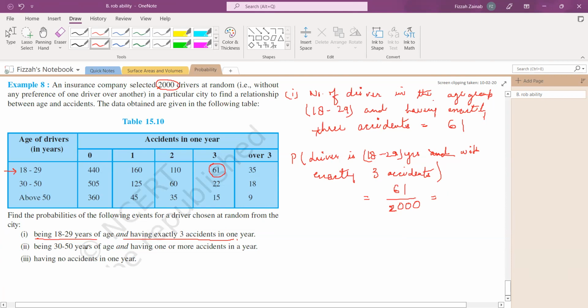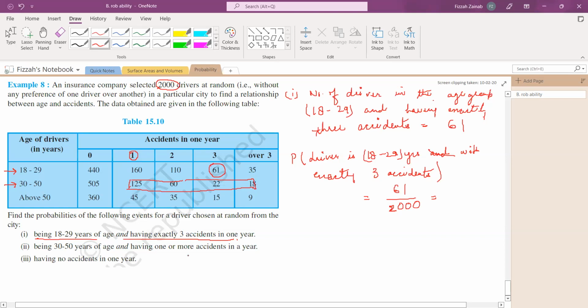Now come to the second part. Being 30 to 50 years of age, so this column you have to see, and having 1 or more accidents in a year. So 1 or more, you have to include 1 or more, right? So basically we are going to add this 125 and this. Is it clear, Miraj? Yes, ma'am. Then only we are going to get the total number of drivers.